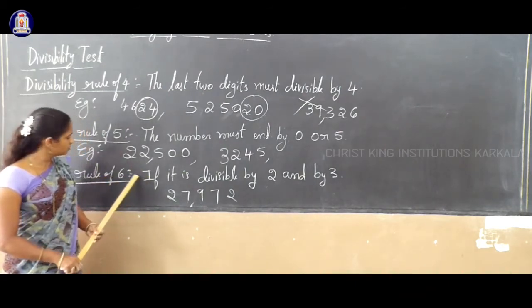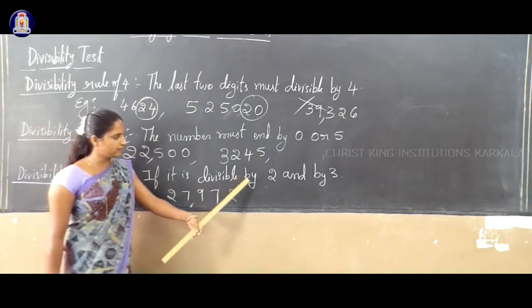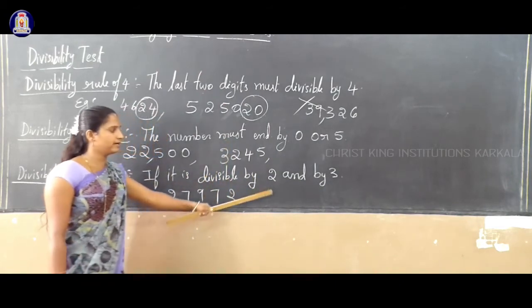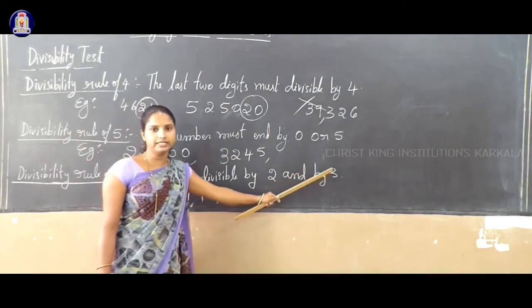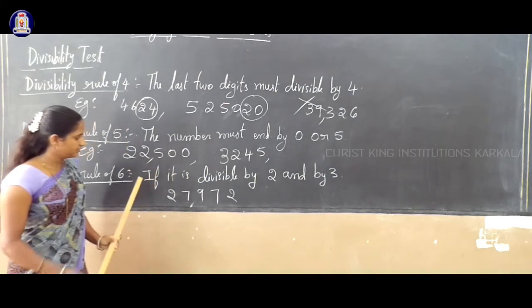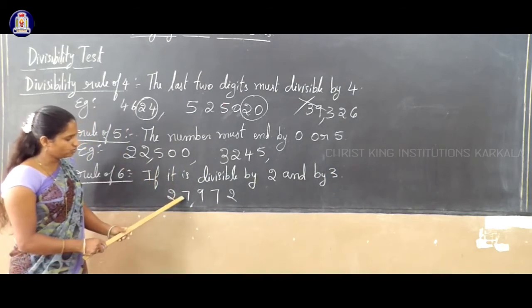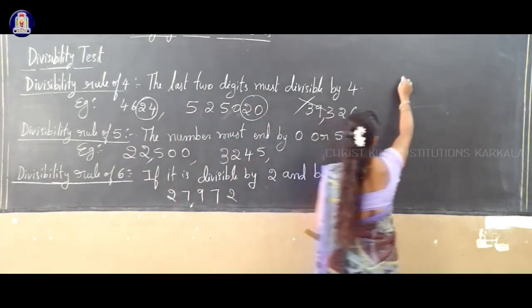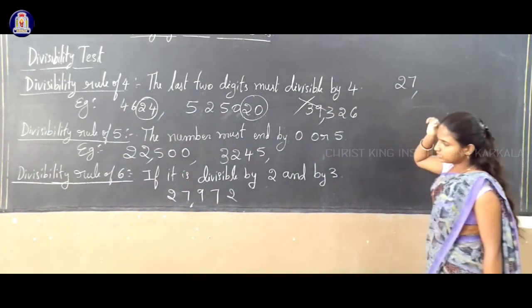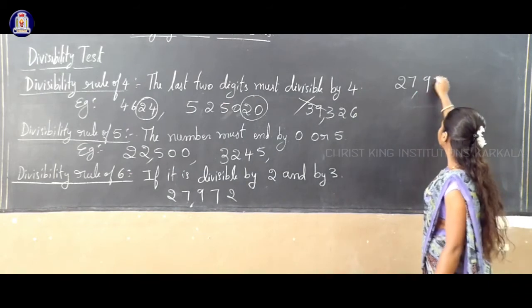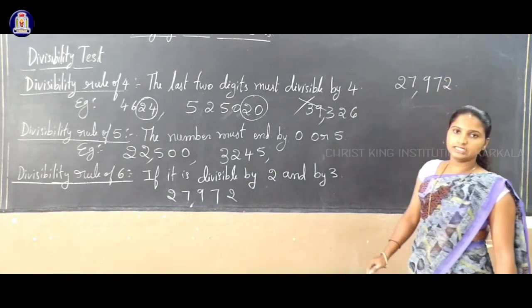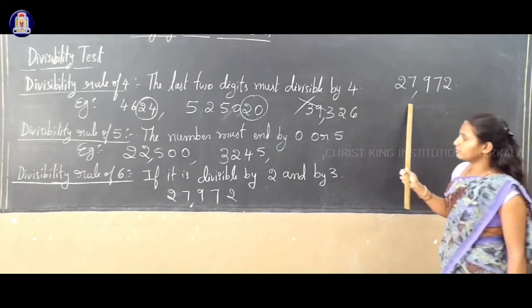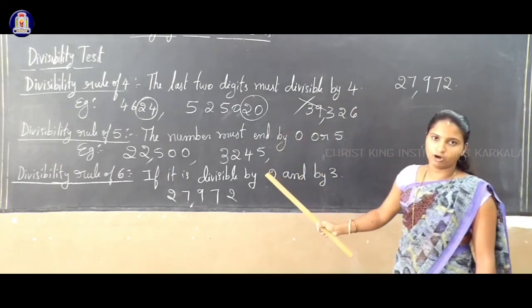Now last, we see one more, the divisibility rule of 6. The rule says that the number must be divisible by 2 and by 3. See the example, 27,972. Is this number divisible by 6 or not?